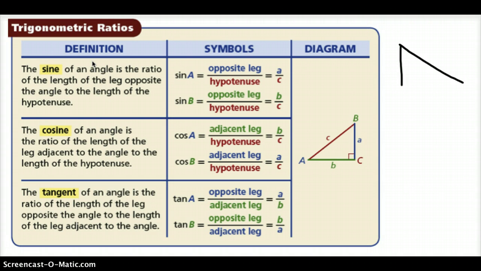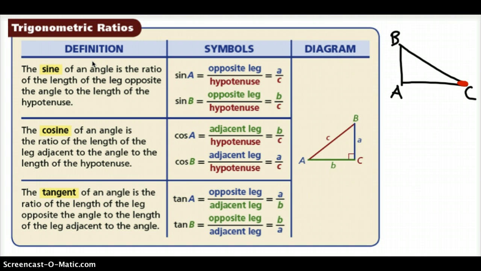I'll name this triangle ABC, and let's say we're really interested in angle C. I'm going to mark this in red.